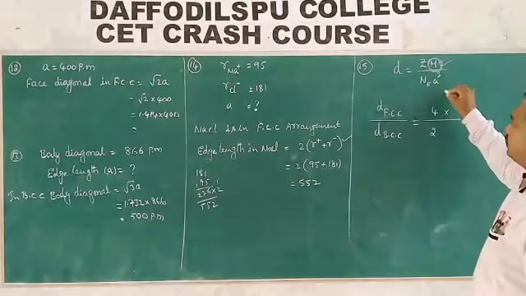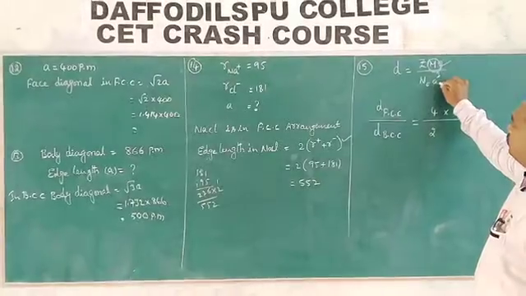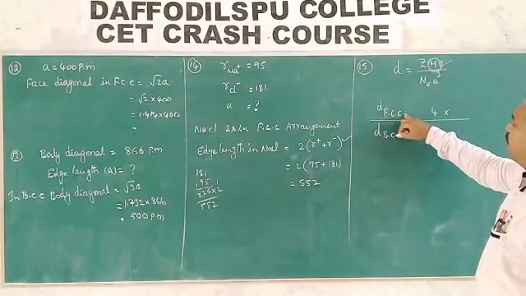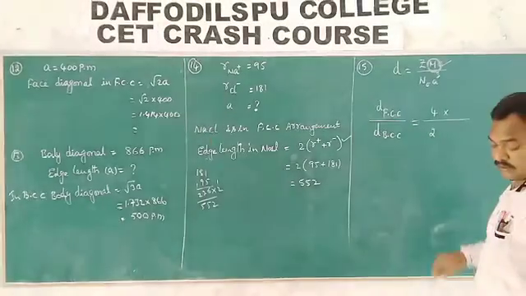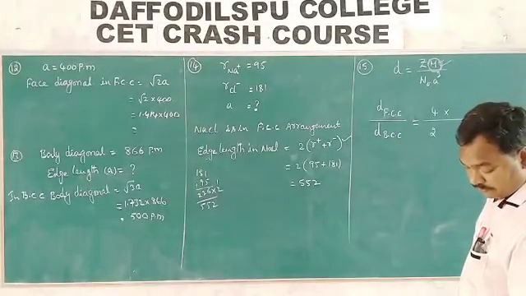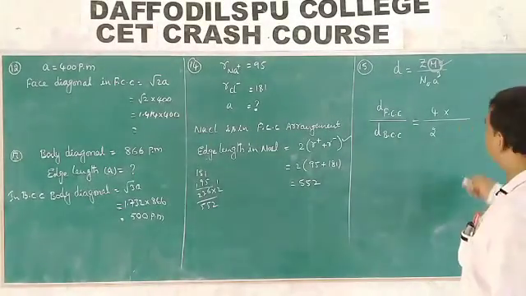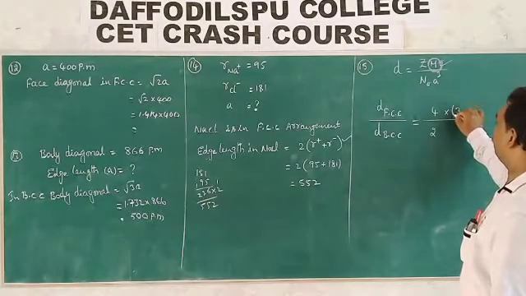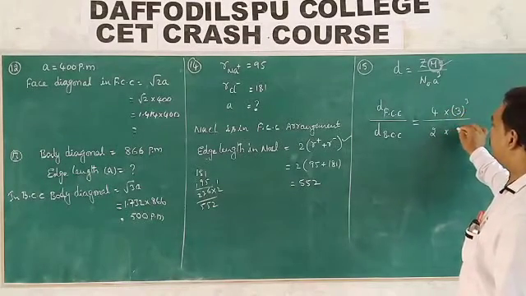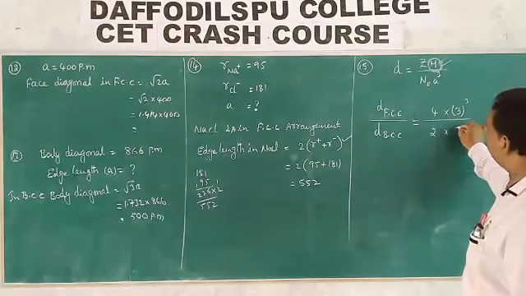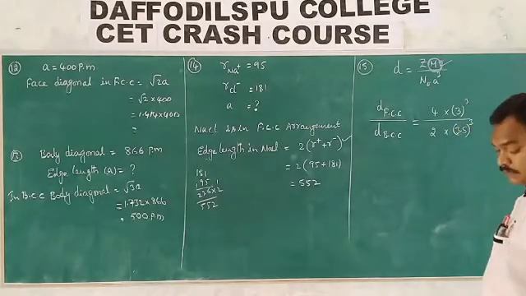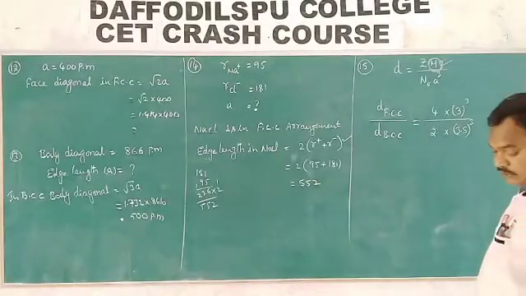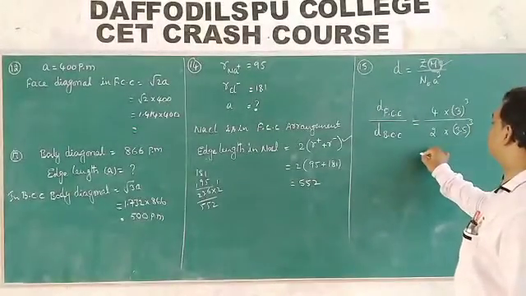This is the edge length. Edge length of BCC by edge length of FCC. Edge length of BCC how much? 3 whole cube. Edge length of FCC, 3.5 whole cube. So if you solve that one, you will get 1.26.